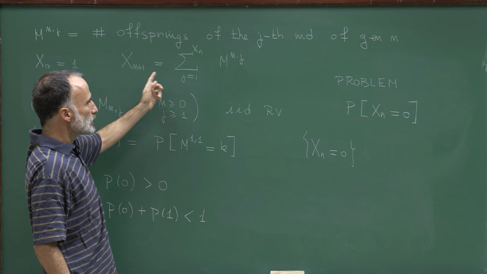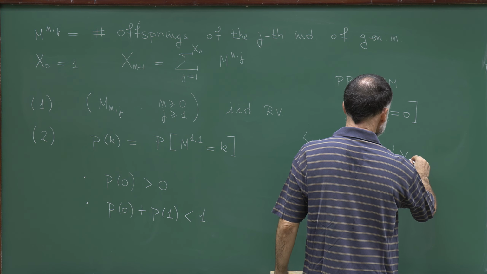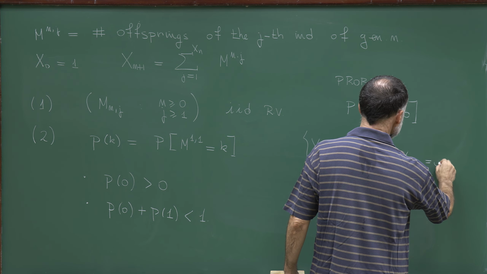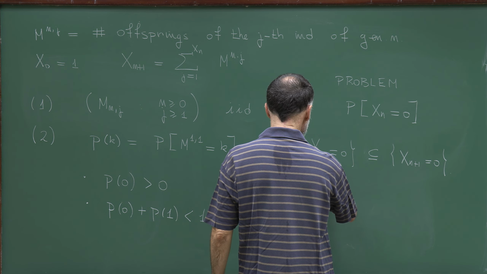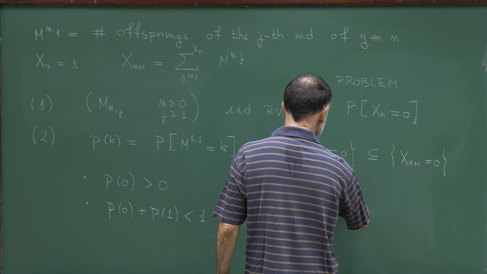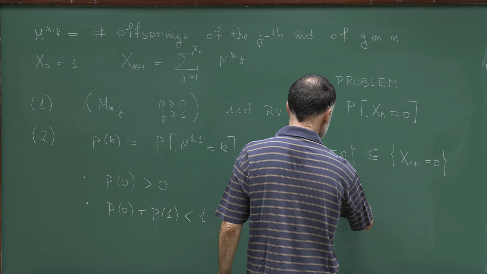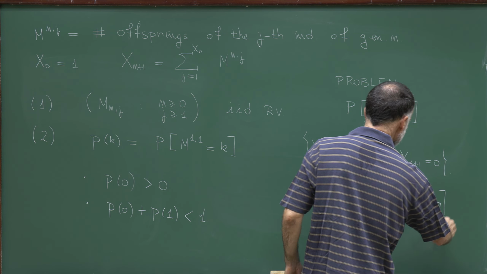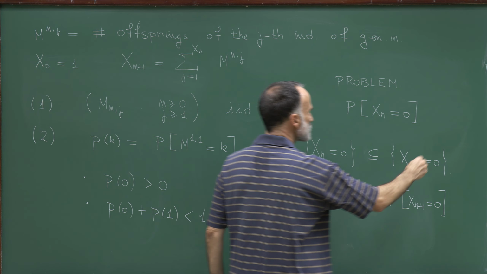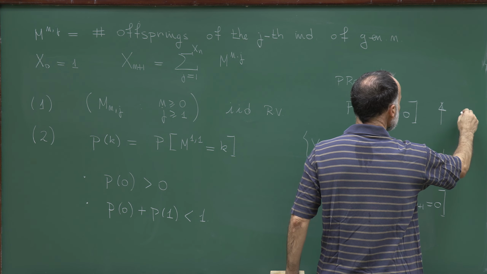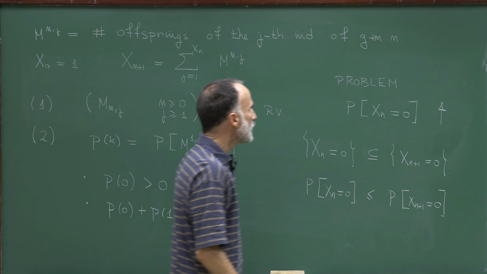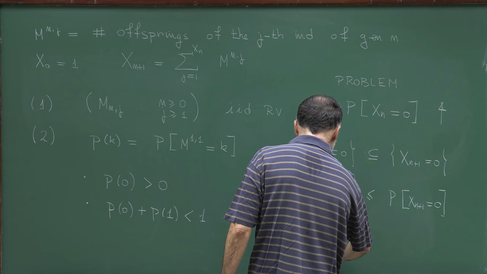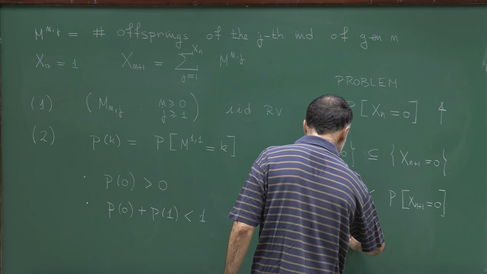So if Xn is equal to 0, this means that Xn plus 1 is equal to 0, which means that the probability that Xn is equal to 0 is less or equal than the probability that Xn plus 1 is equal to 0. So this sequence is an increasing sequence, and it's bounded by 1, so it has a limit. And this is my question. My problem is to study the limit as n tends to infinity of this probability.